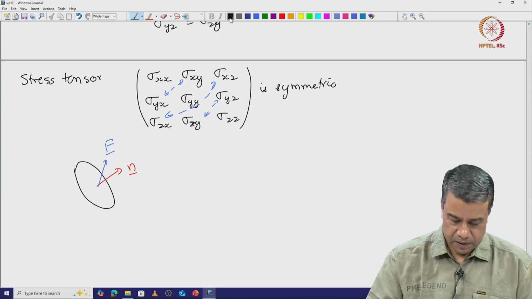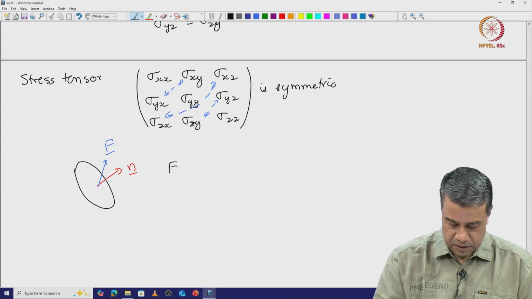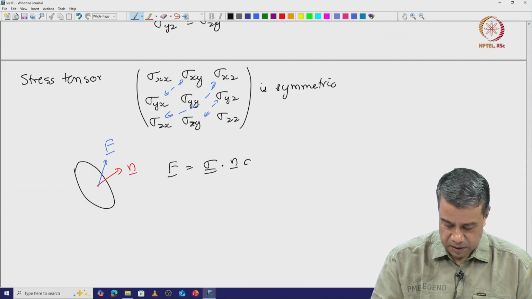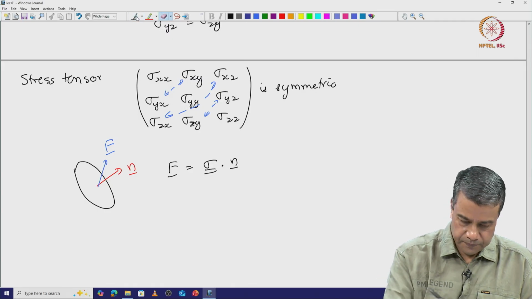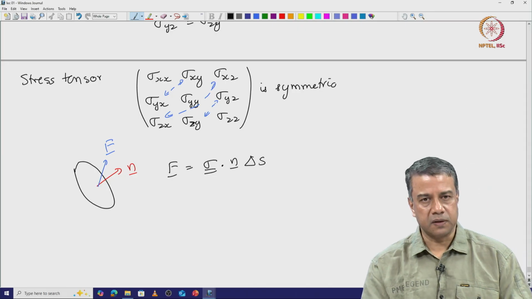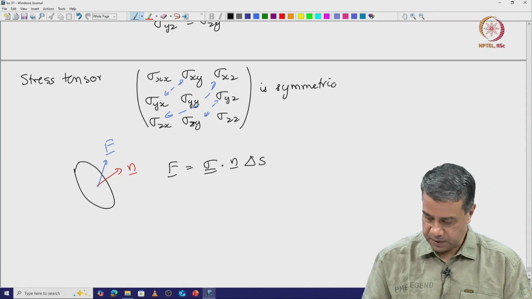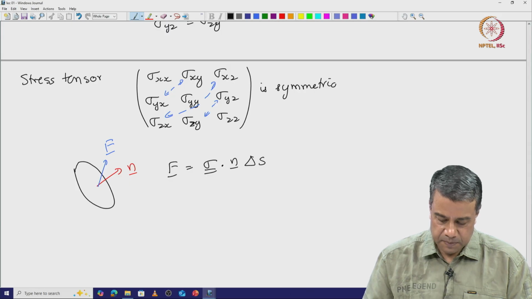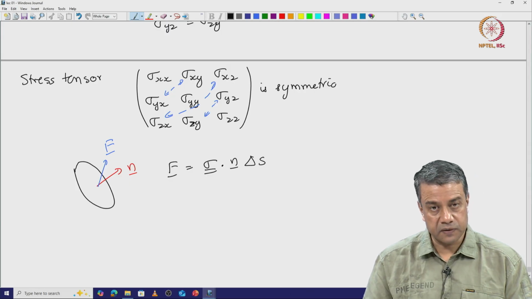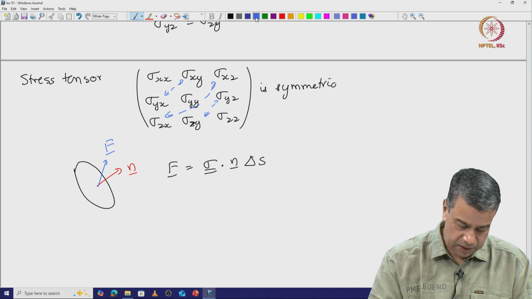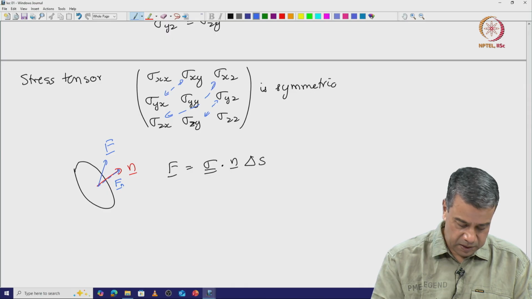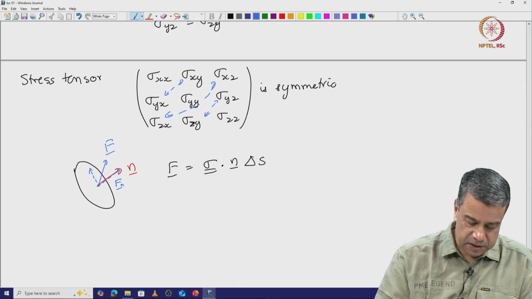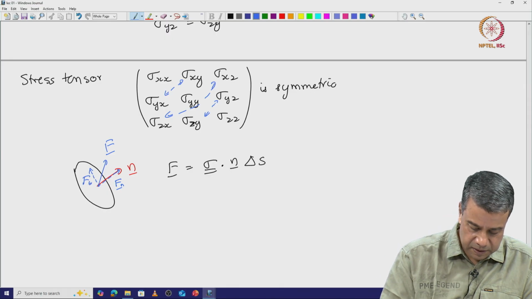This force is equal to sigma dotted with n delta s. So, this force can be separated into two parts. One is the component that is normal to the surface, which I will call f n, and the second component that is tangential to the surface, which I will call f t.